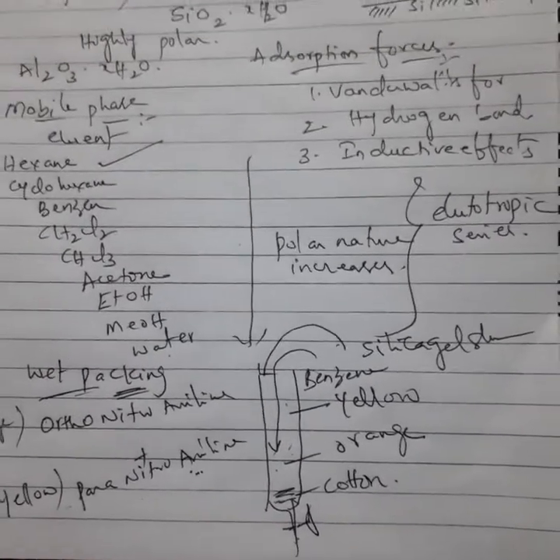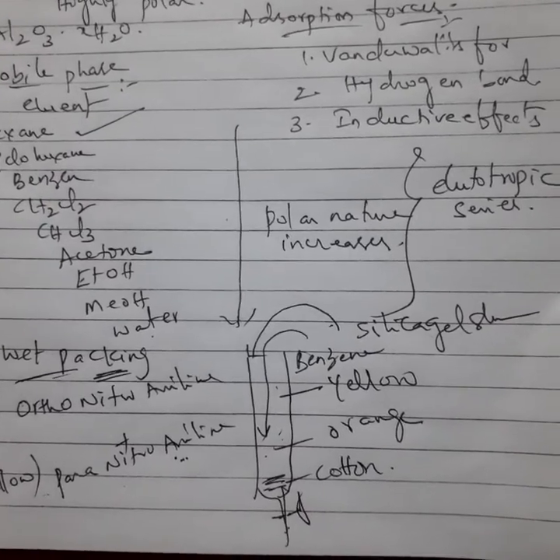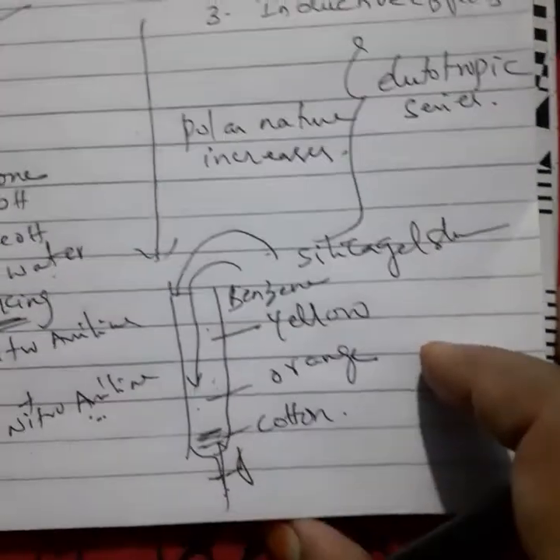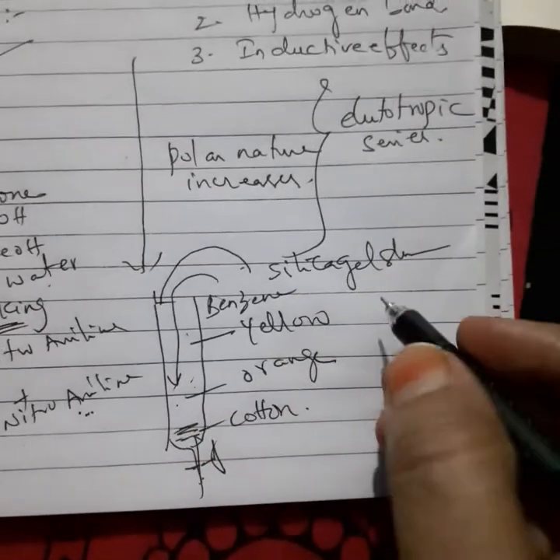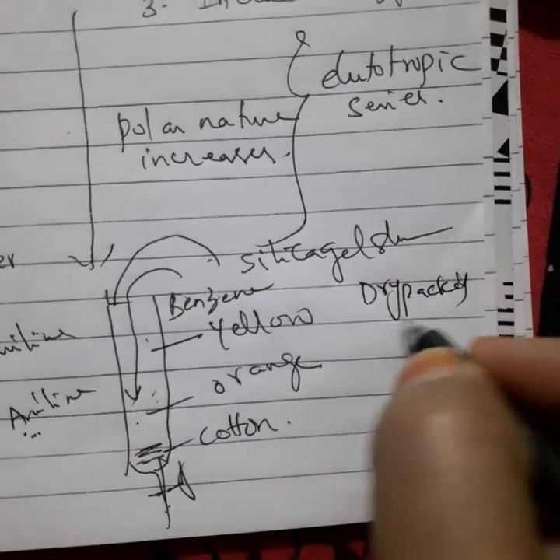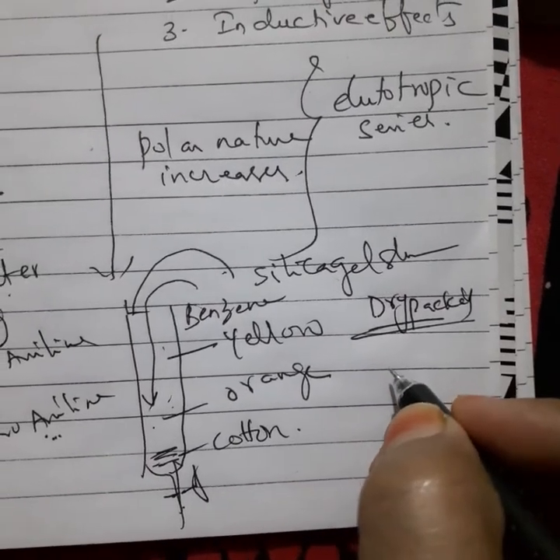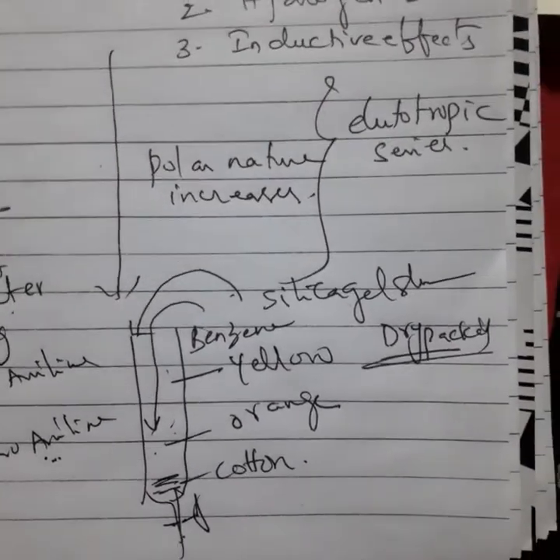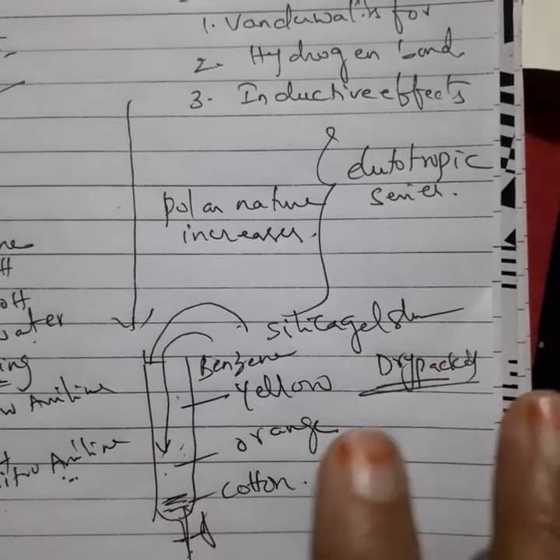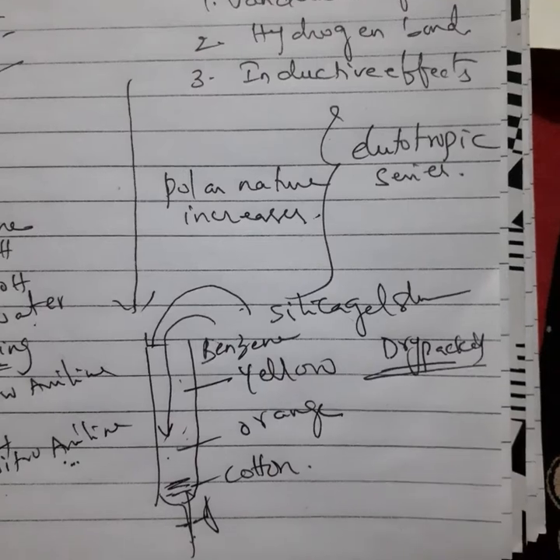Now coming to this dry packing method, there is a slight difference between these two methods. In the dry packing method, the silica gel powder is taken directly. Silica gel is poured into the column directly. There is no addition of any organic solvent, no need to prepare slurry, nothing.